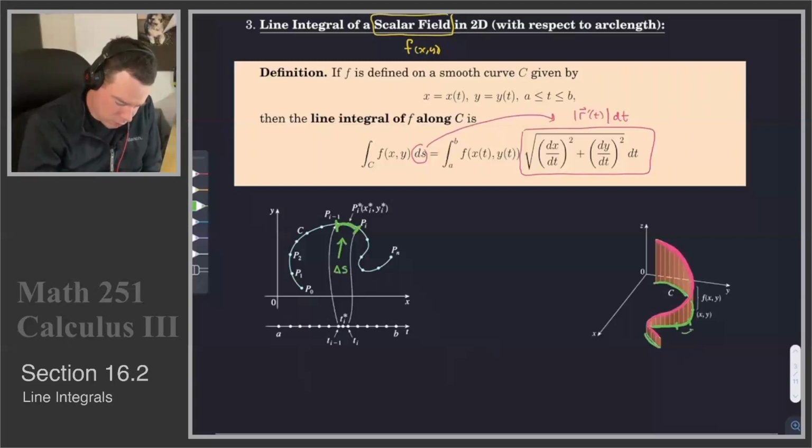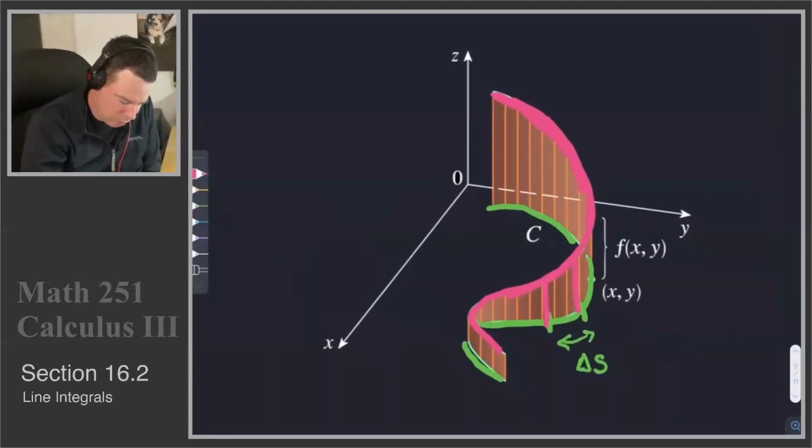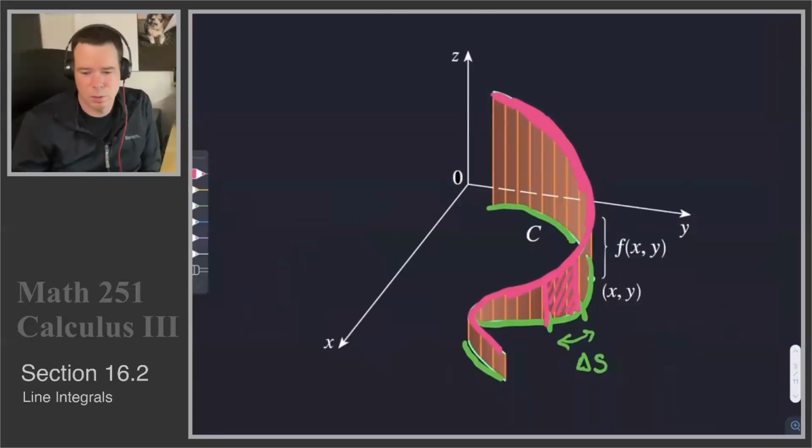Now we're over some delta S. We're going to sample our function there, and I'll zoom in a little bit. We're essentially trying to work out the area of this portion of the curtain.